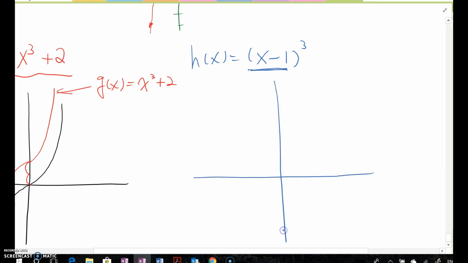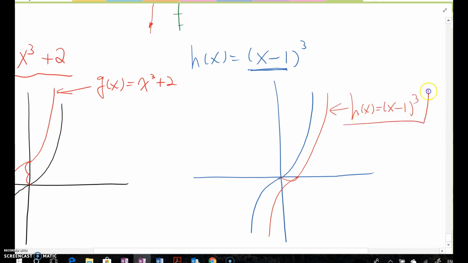Therefore, the original function is this one. Now the h(x) function moves 1 unit to the right here and becomes like this. So that will be h(x) equal to (x minus 1) cubed.